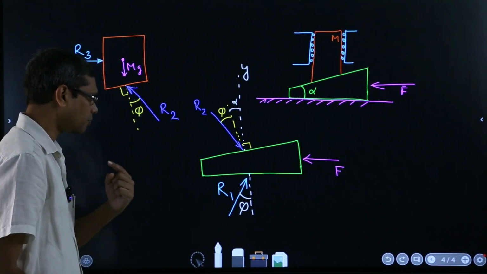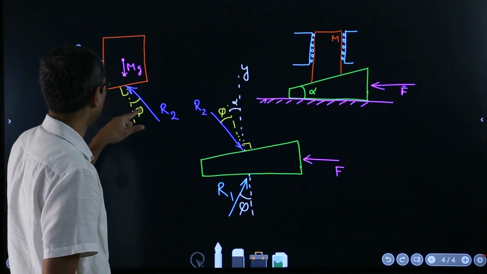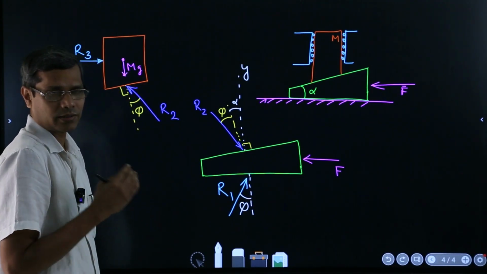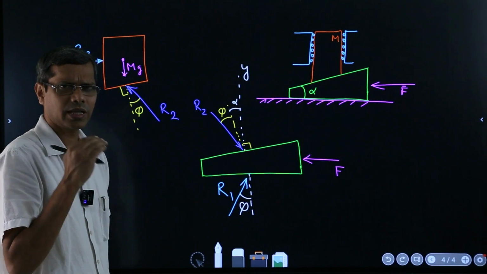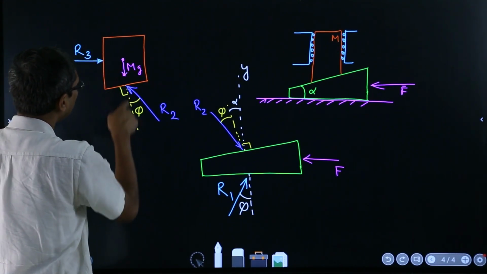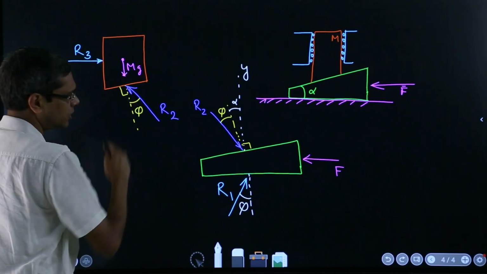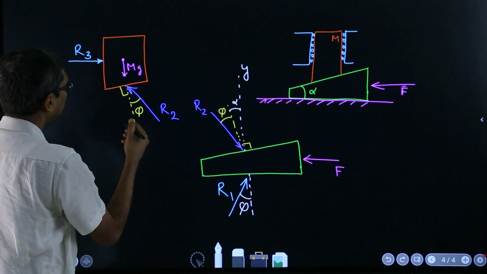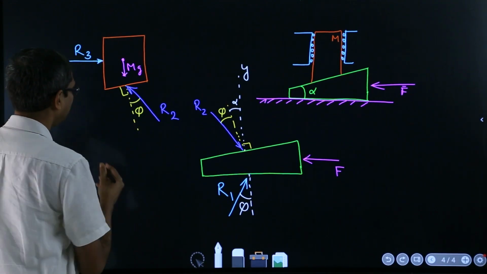And the point which I was trying to make is that these are three force members. Suppose they are on the verge of slipping, which means they are in equilibrium. What it means is, if you try to draw these vectors tip to tip, then they have to pass through the same point.